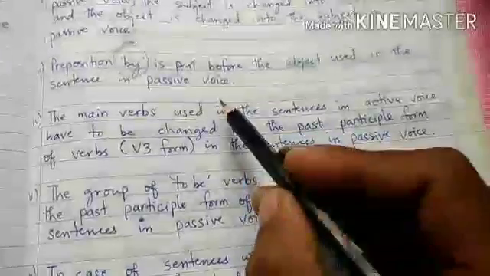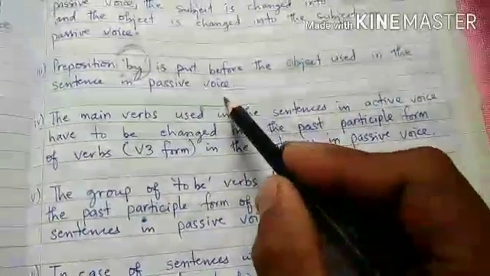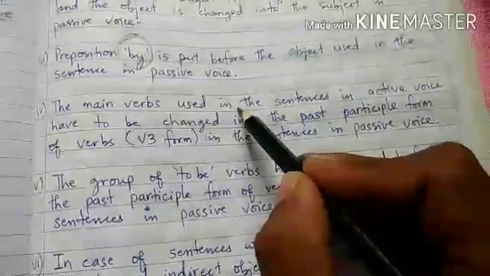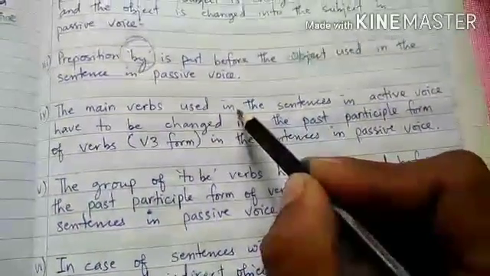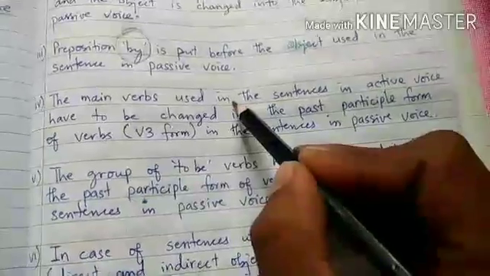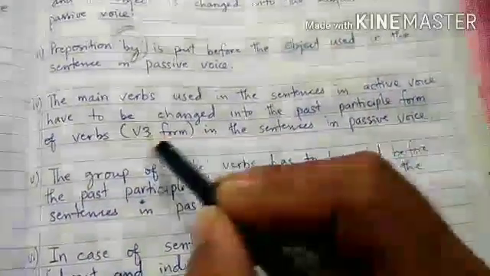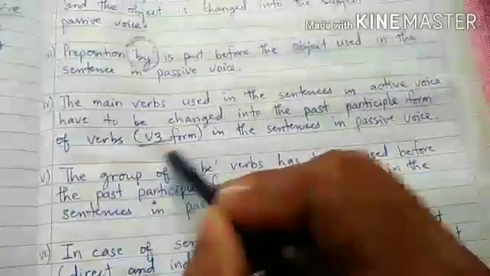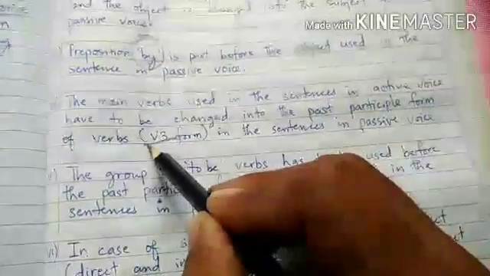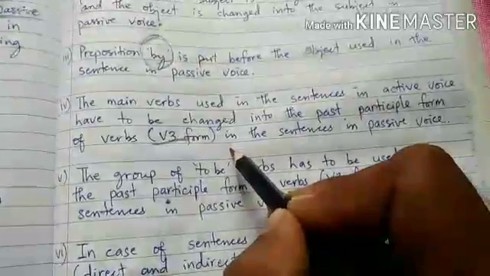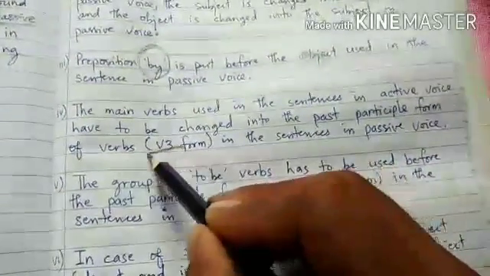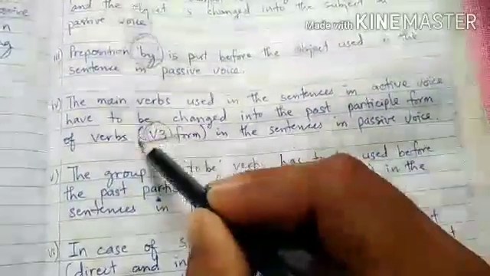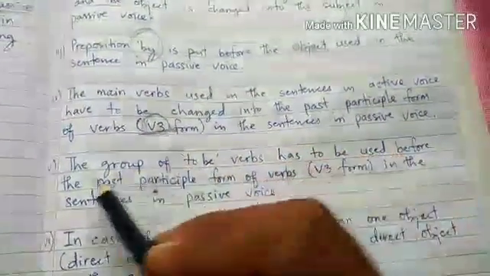So when we change the sentences in active voice into passive voice, the main words, the finite verbs, have to be changed into V3 form of the verbs. Okay, this is very important to understand.